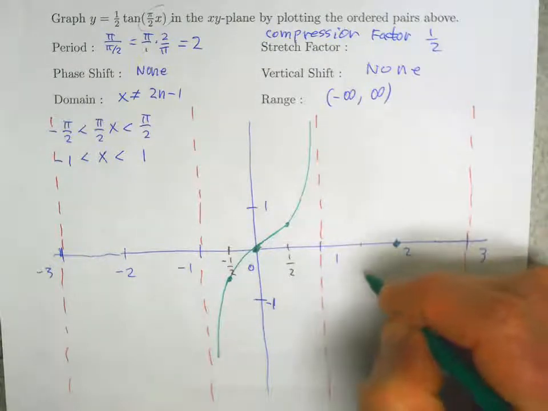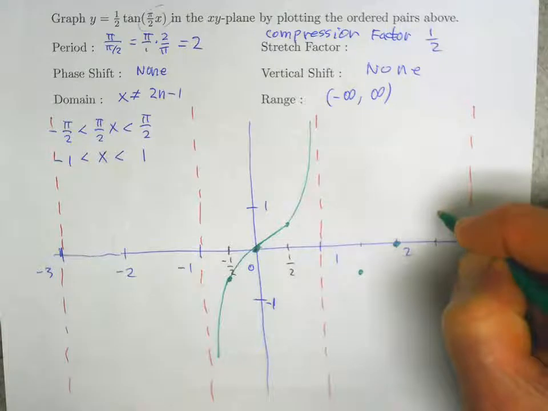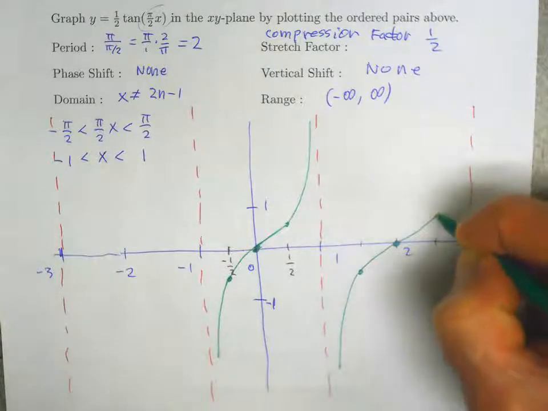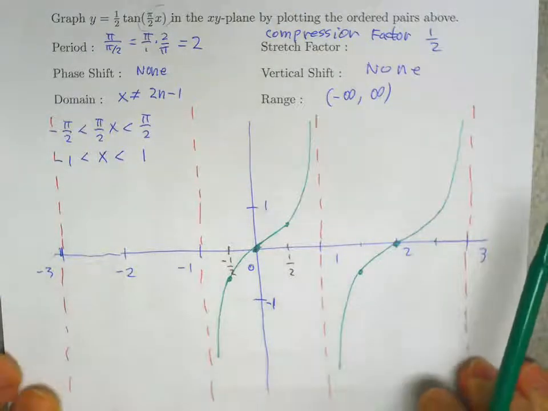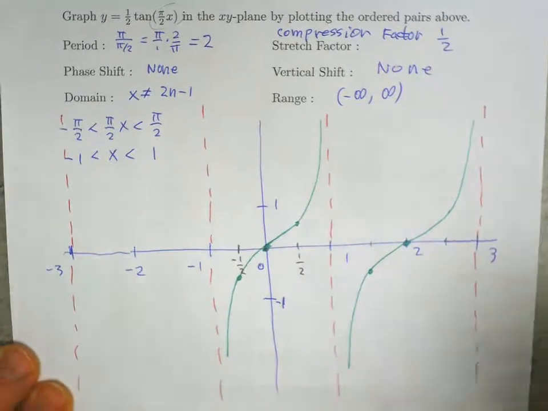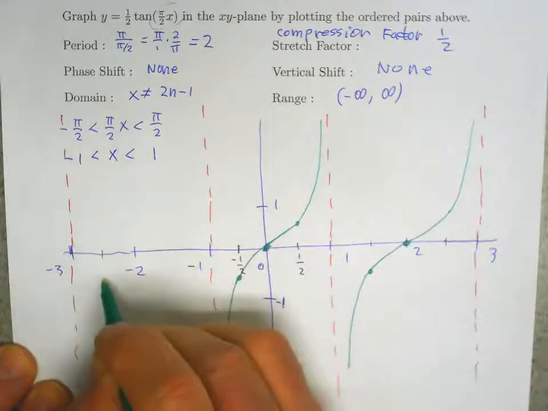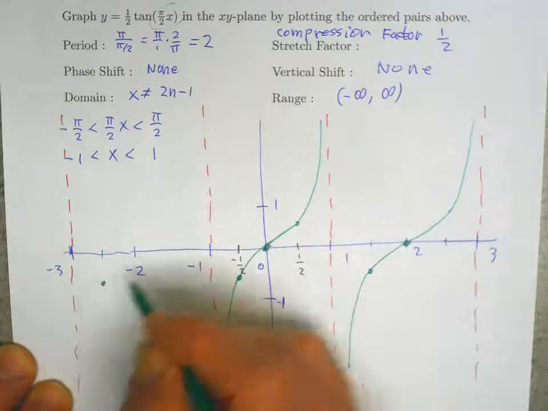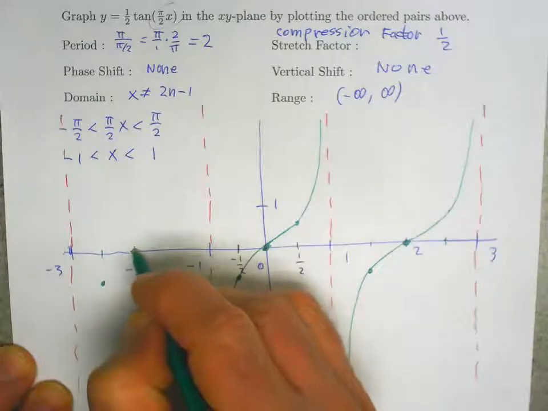So at 1.5, the output is 1/2. At 2.5, the output is 1/2. So here's the period between 1 and 3. And I'm sure you get the idea, but we'll do one more. At -2 and 1/2, we have an output of -1/2. At -2, we have an output of 0.